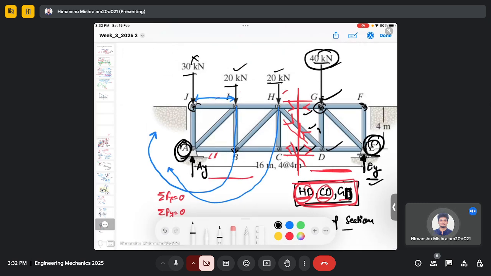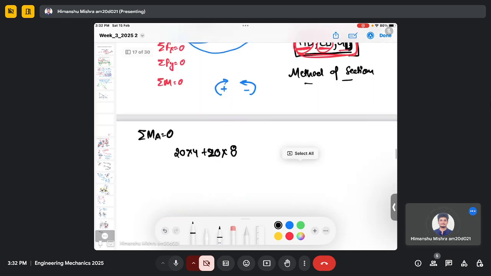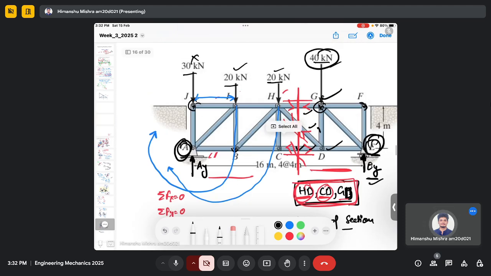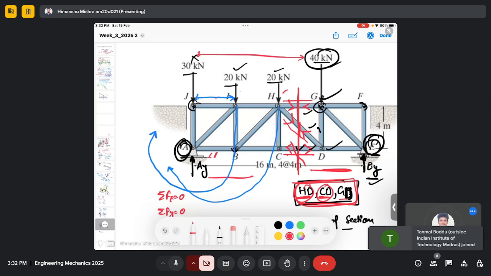It has a clockwise rotation, so it's plus 40 multiplied by the perpendicular distance, which is this, and it is actually 12 meters.